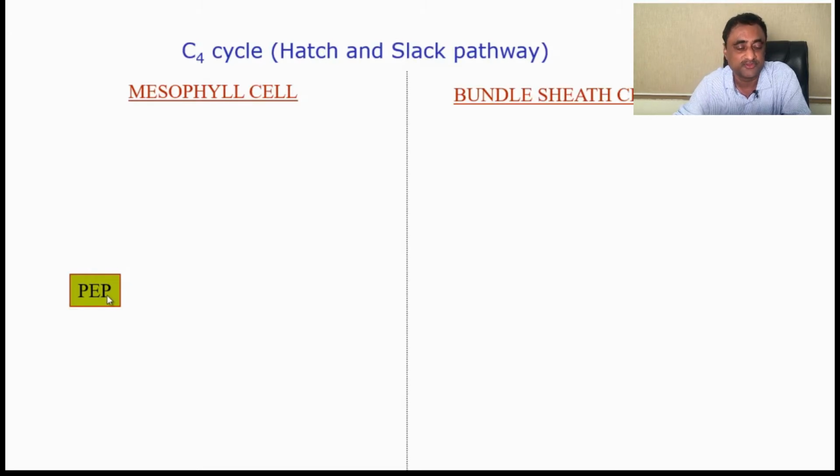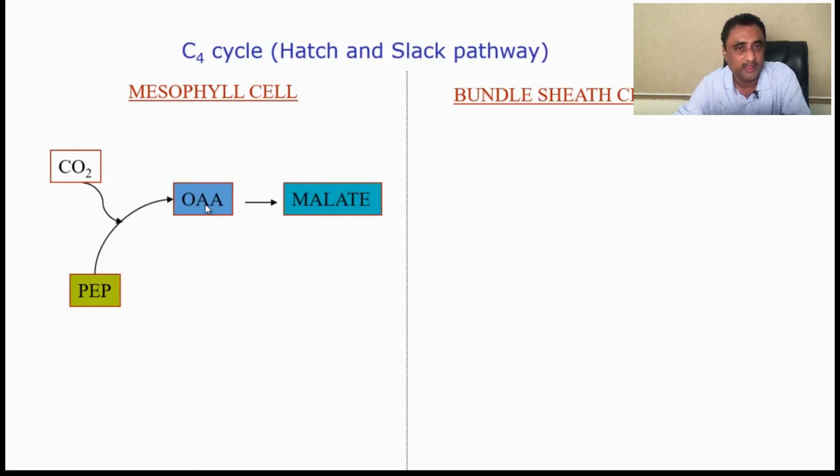So this accepts CO2, and as a result oxaloacetic acid is formed. This is a 4 carbon compound, the first stable product, and that is why this entire cycle is called the C4 cycle.